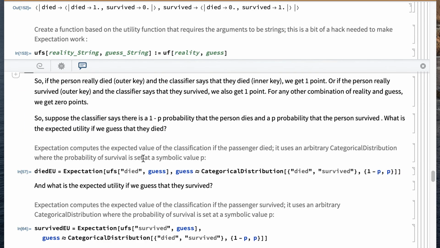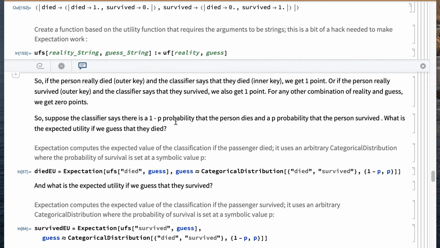All right, so now, supposing the classifier says, I think there's a 1 minus p probability that the person dies and a p probability that the person survived. And 1 minus p plus p equals 1, because in our model, in our world, either they survived or they died.